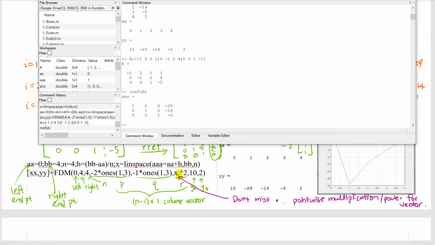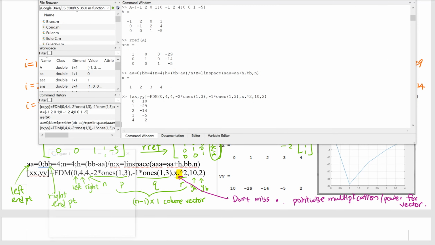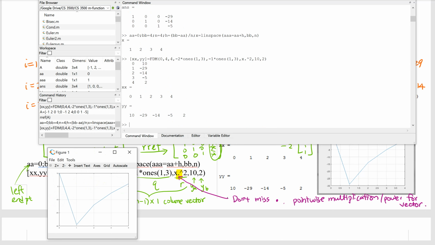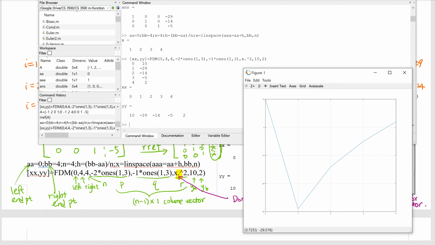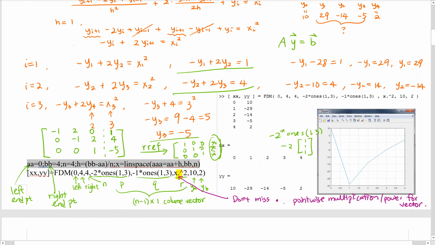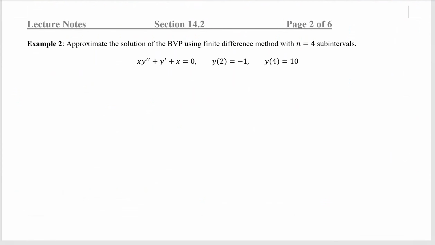Actually, I'll just type it. So we have these and then this one. You can see we get the points and we get the graph. So far, so good.